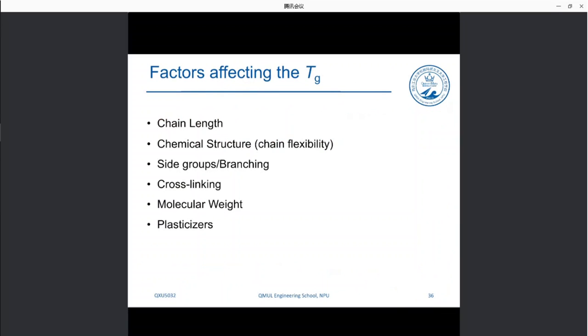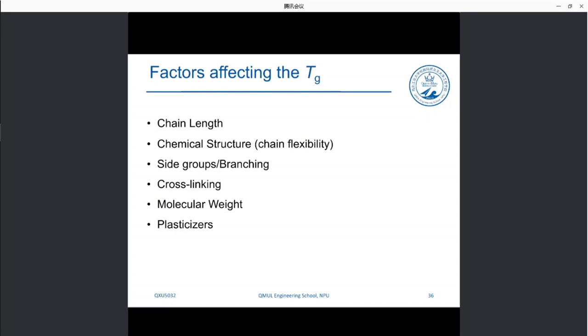So let's go and look upon some a bit more interesting things. What are the factors that affect the glass transition temperature? What are the factors that we can take advantage of and tune the glass transition temperature? Or essentially, what are the structural characteristics of a polymer that can be utilized in order to understand the glass transition temperature?